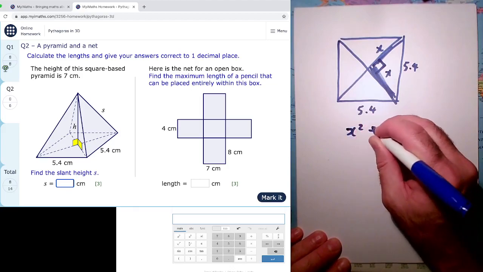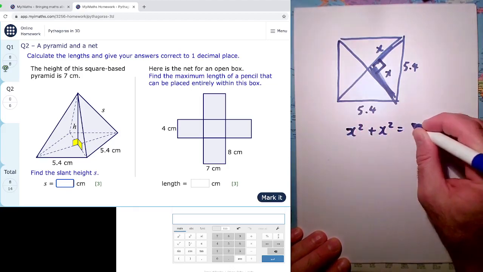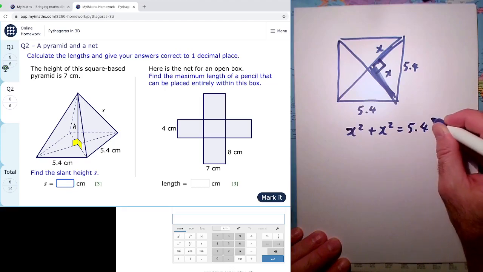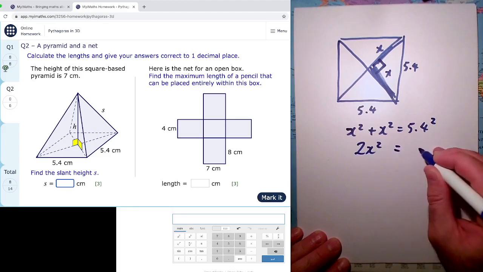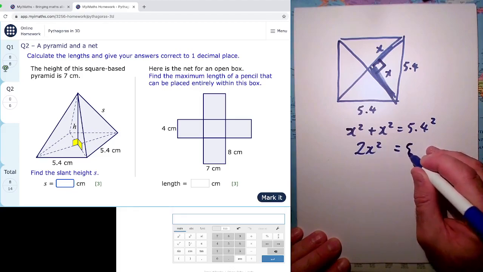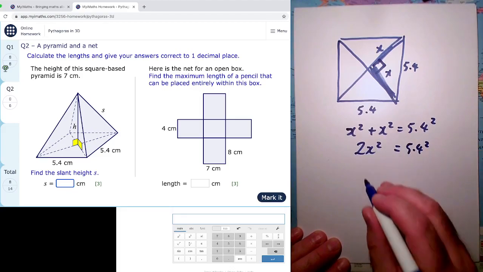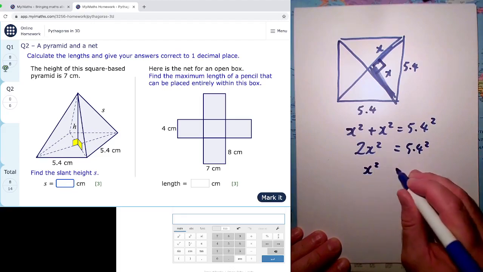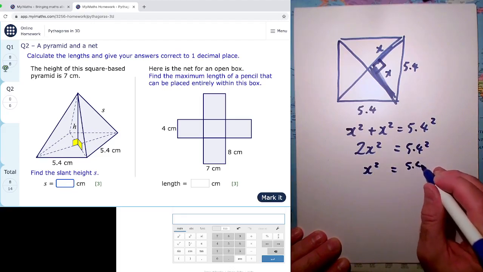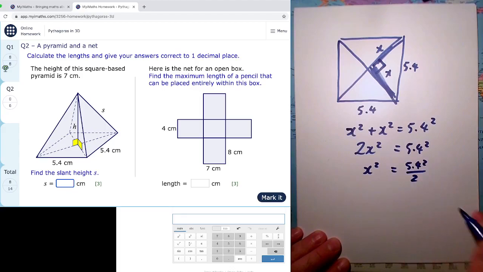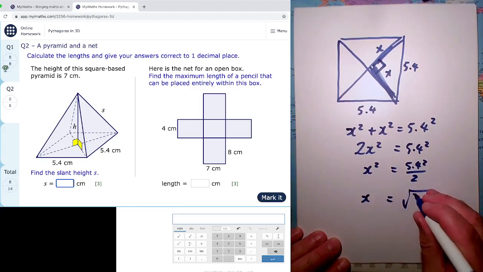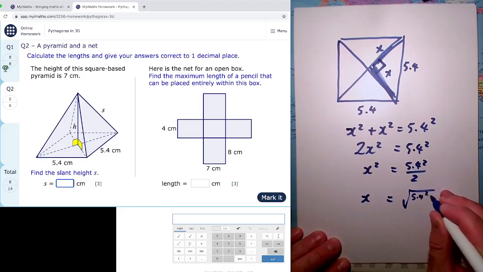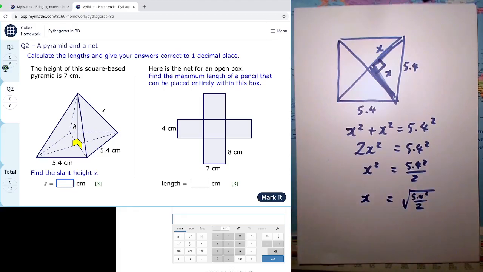So in other words, 2x squared equals 5.4 squared. So x squared itself will be 5.4 squared divided by 2. And x will be the square root of 5.4 squared divided by 2.